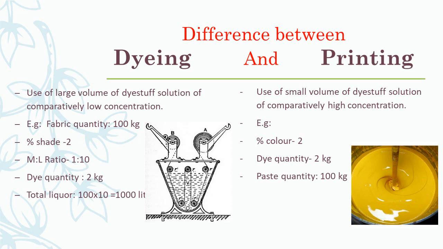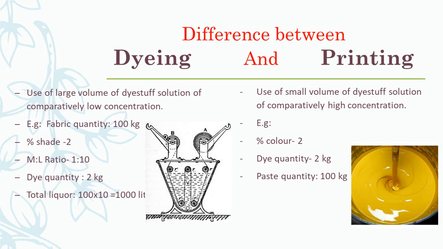So to carry out dyeing of a 100 kg lot to produce a 2% shade, 1:10 is the material to liquor ratio. We are mixing 2 kg of dye in total liquor. Since 1:10 is the MLR, 1000 liters will be the total quantity. So 2 kg of dye is mixed in 1000 liters of total solution.